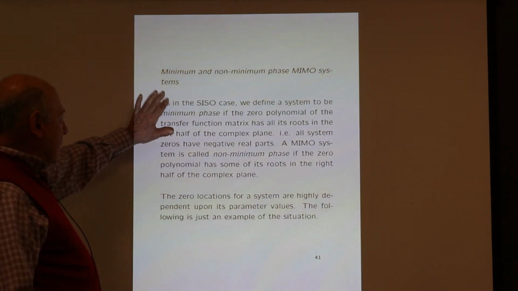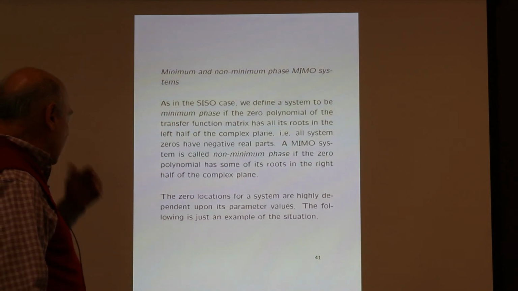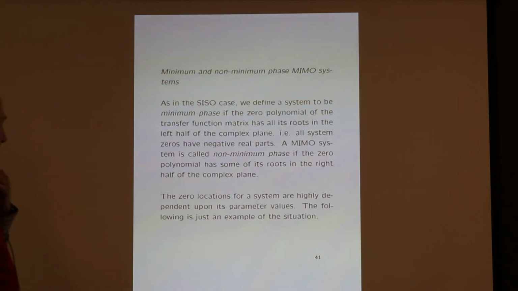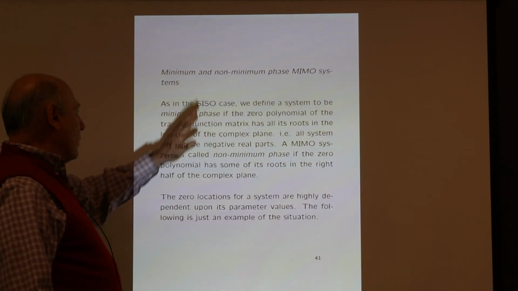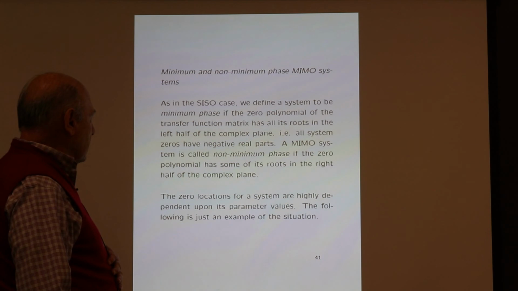So in the SISO case, it was very easy to define the system zeros. And a system was minimum phase if the zero polynomial was stable, has all the roots in the left half of the complex plane.